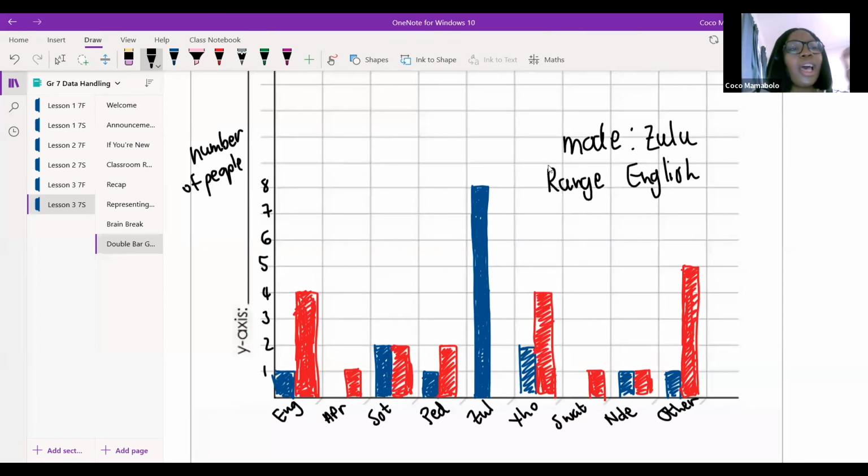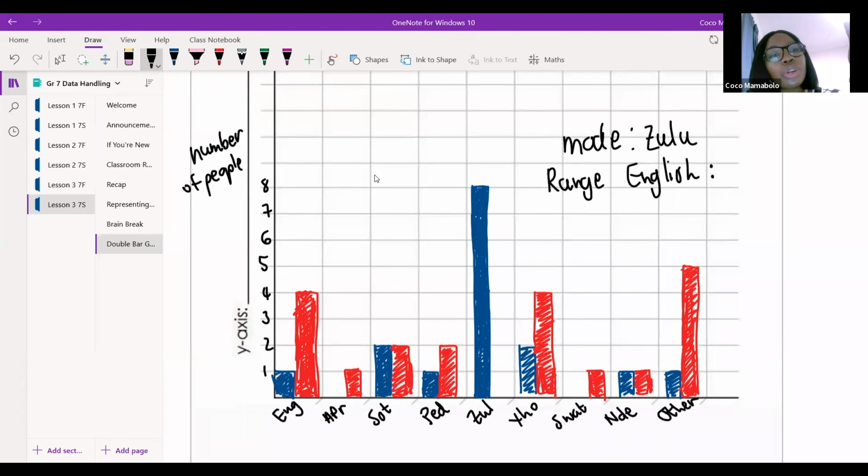Who remembers? Yes, Riabetui, how do we calculate the range? We calculate the range from the difference between the biggest and the smallest.